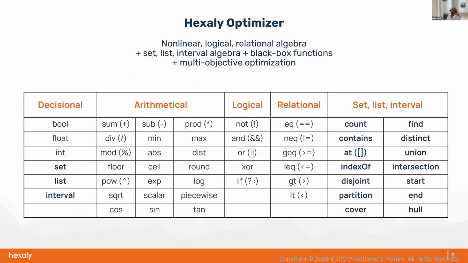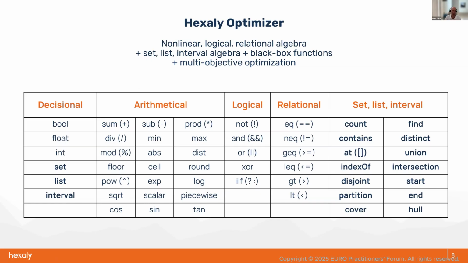So here, an overview of all the mathematical functions you have in the Hexaly API, whatever the language you use, so Python, Java, C#, C++, or the modeler. You can see that you have the traditional decision variables, so Boolean variables, floating points, so real variables, quantitative decisions, integer decisions.